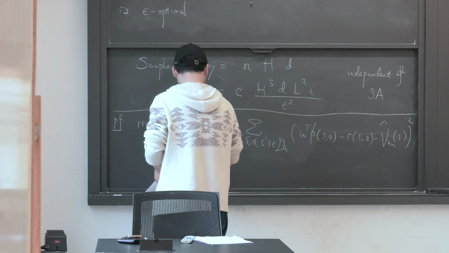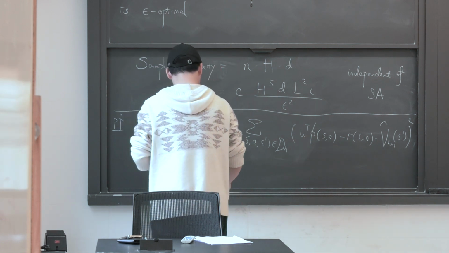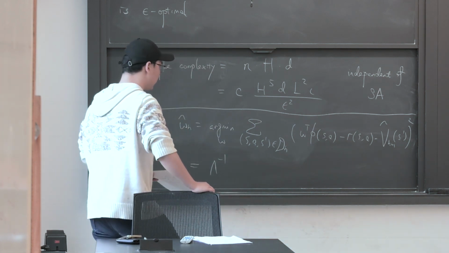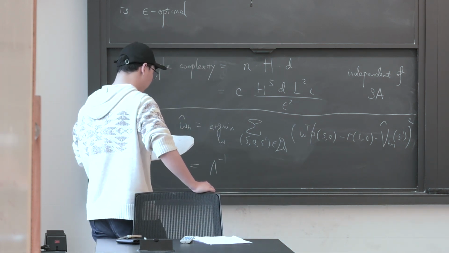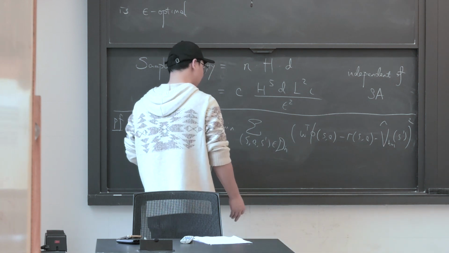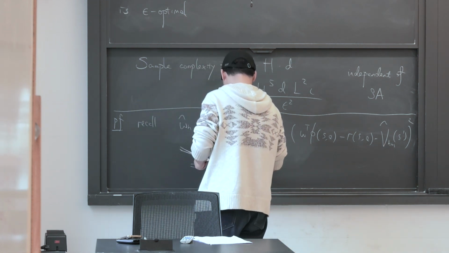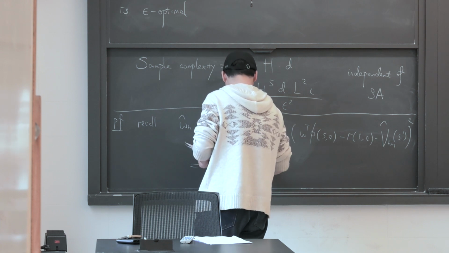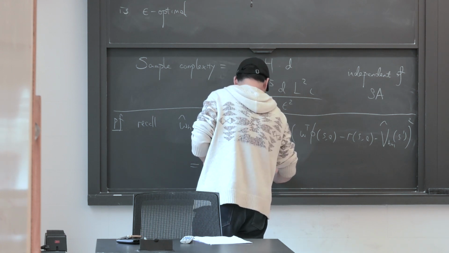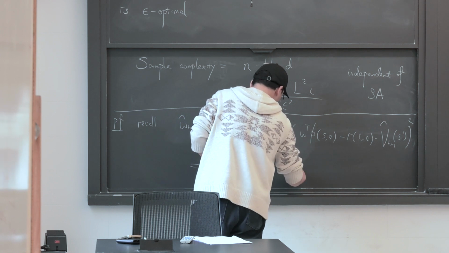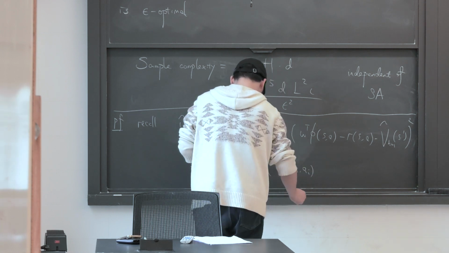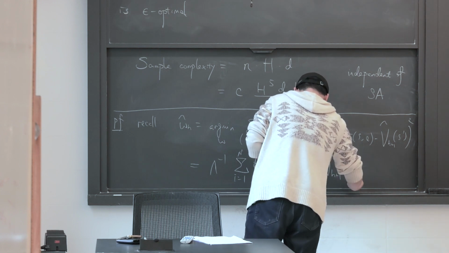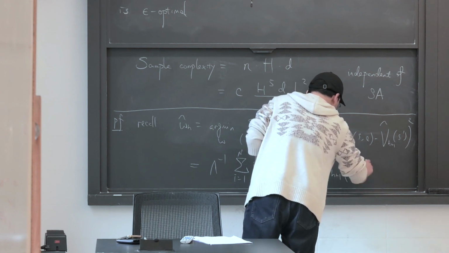And we note this is lambda inverse, because we already know this is a core set, so this is full rank, and we don't need to add any regularization. And we say this is lambda inverse summation i from 1 to n phi_i (r_h(s_i, a_i) plus V_{h+1} hat(s_i')).